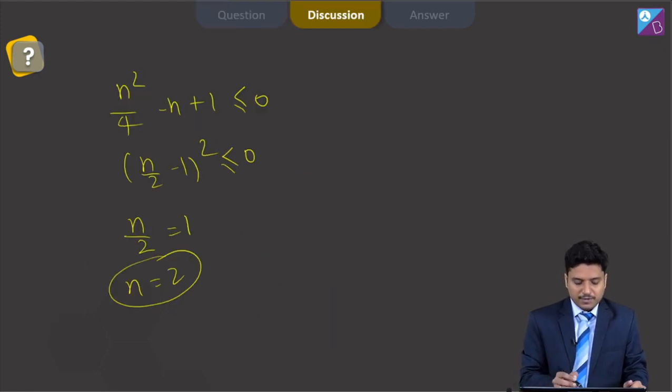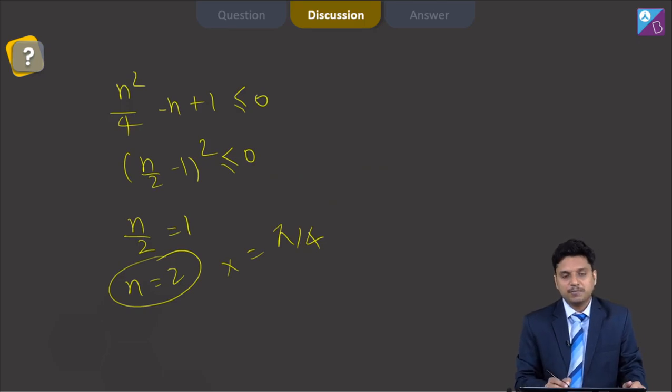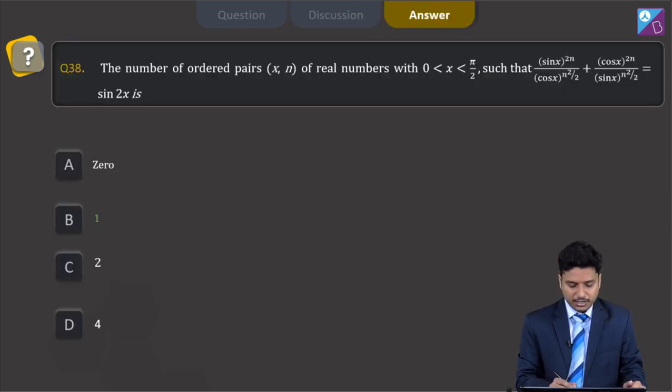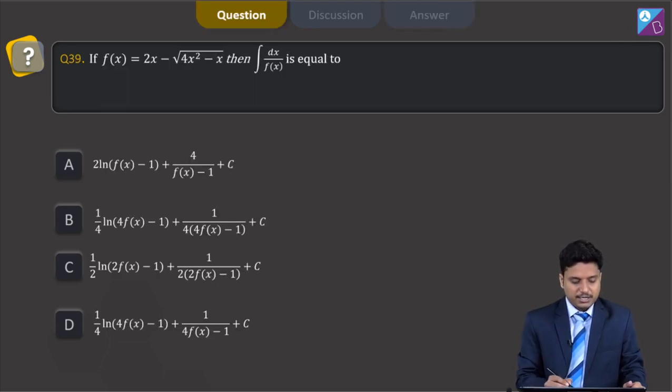So x will be equal to pi by 4 and n should be equal to 2. That is the only possible combination for this question, and the answer will be 1, which is in option B. Now question number 38 is completed, and we will move on to question number 39.